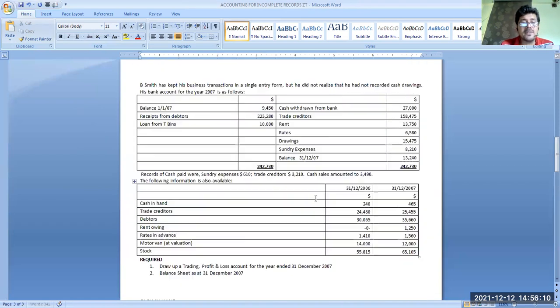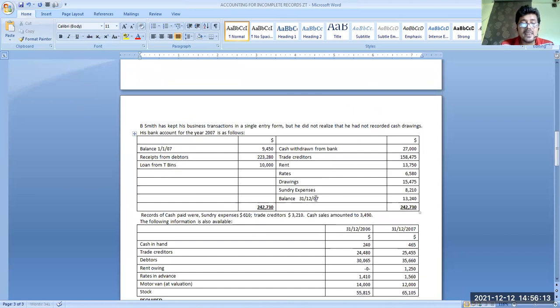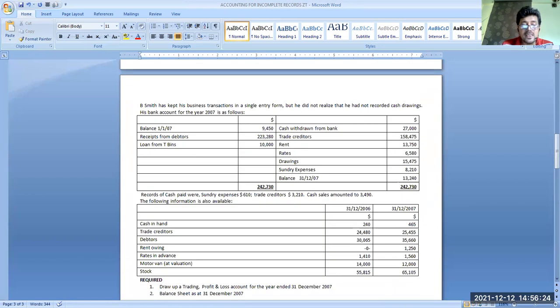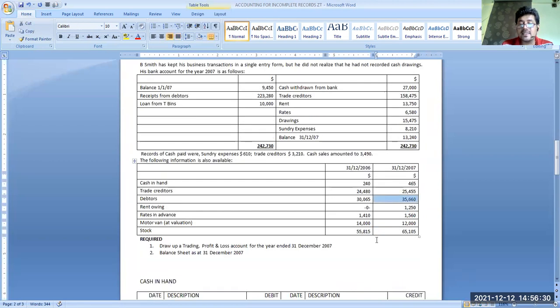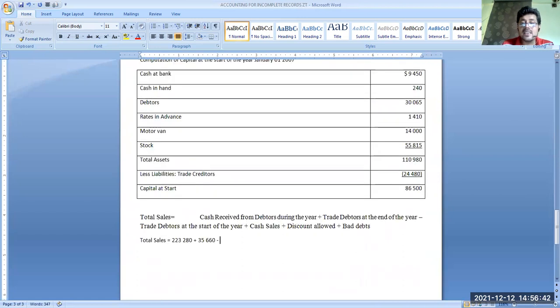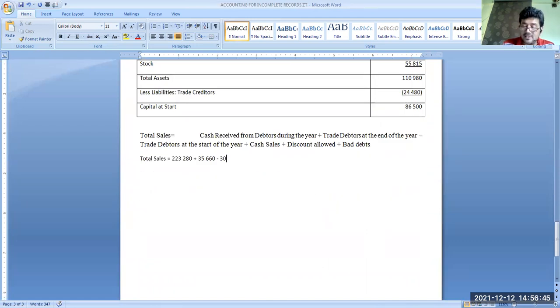Cash received from debtors we will come to know through the bank: 223,280. Plus trade debtors at the end of the year, it is given in the question, here it is, 35,660. Minus debtors at the start of the year, that was 30,065.